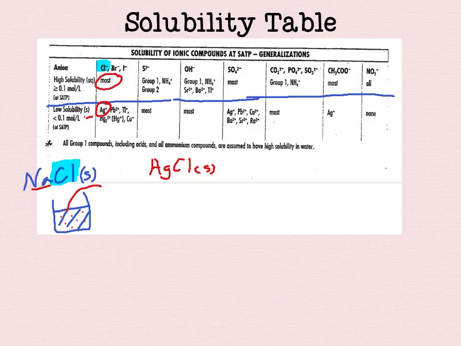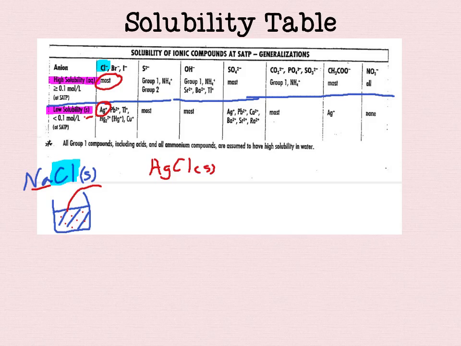So you need to pay attention to how this table gives the information. On the top half, a cation with the anion in question will produce high solubility, or be soluble. If it's in the lower half, it's going to be low solubility, what we call a precipitate or insoluble.